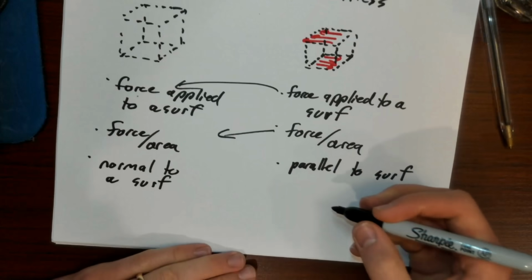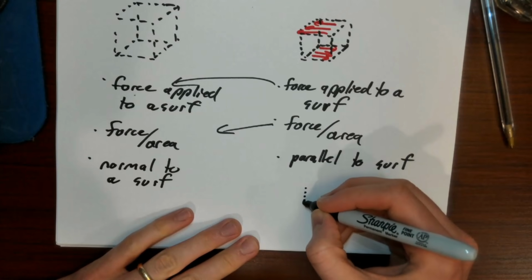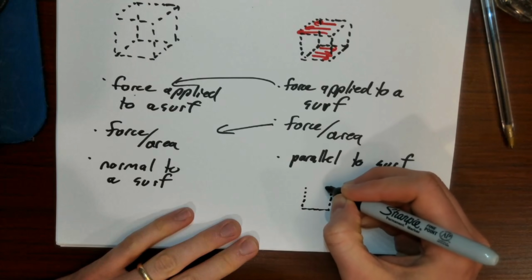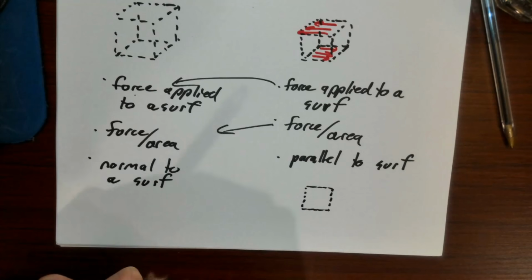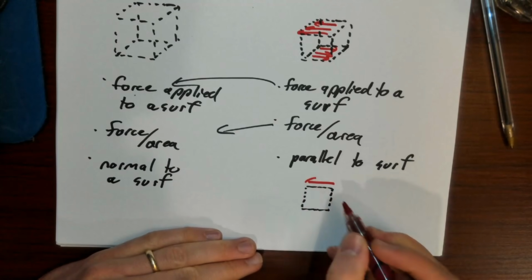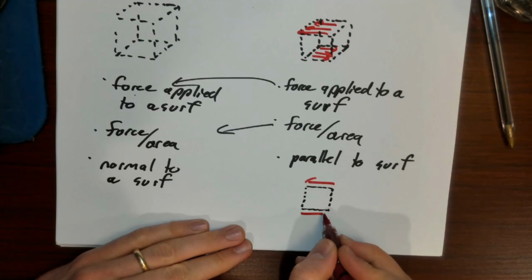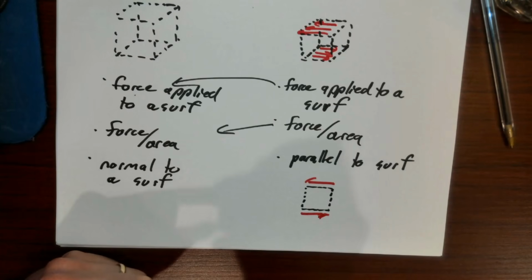And shear stress kind of had this funky convention where on the tops of the surfaces it was pointing to the left, and on the bottom of the surfaces was pointing to the right.